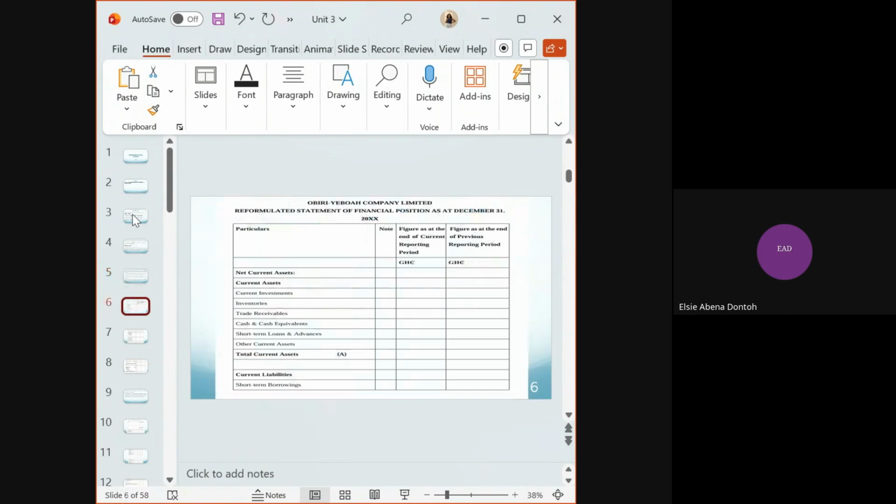So this is the reformulated statement of financial position for Obri Ebua Company Limited. From here, the particulars: we have non-current assets, and net current assets, which is made up of current assets and current liabilities. For the current assets, we have current investment, inventories, trade receivables, cash and cash equivalents, short-term loans and advances, and other current assets.